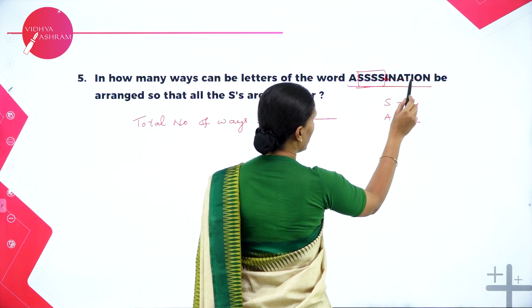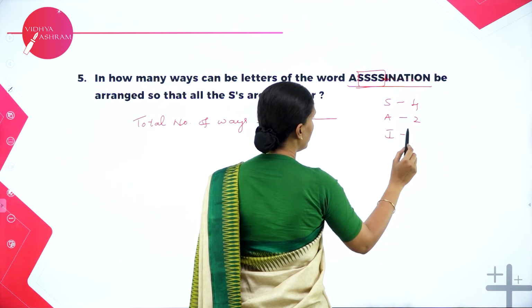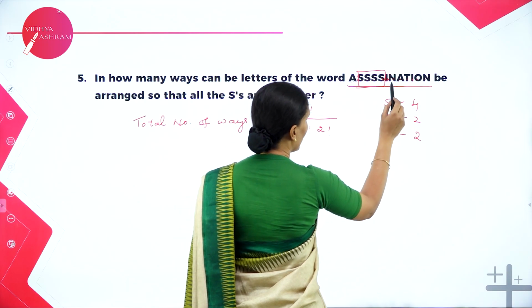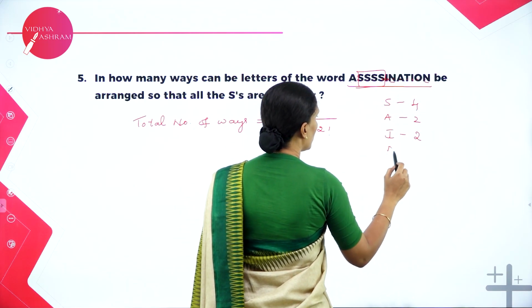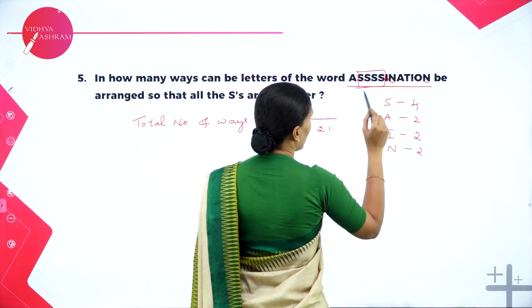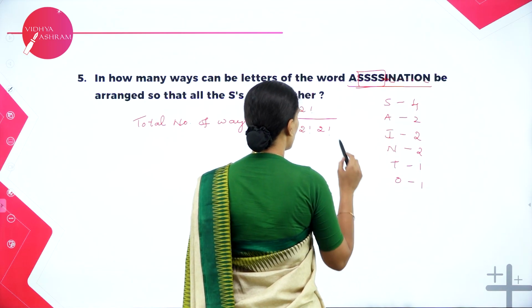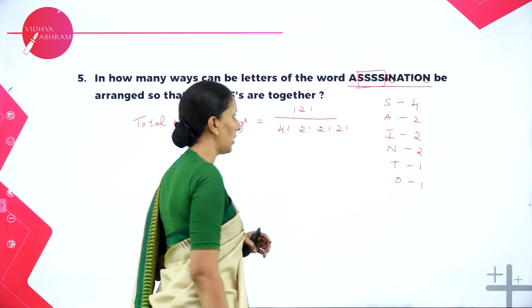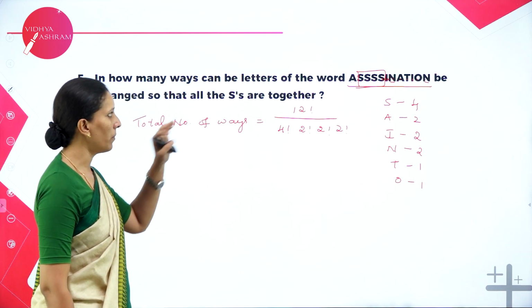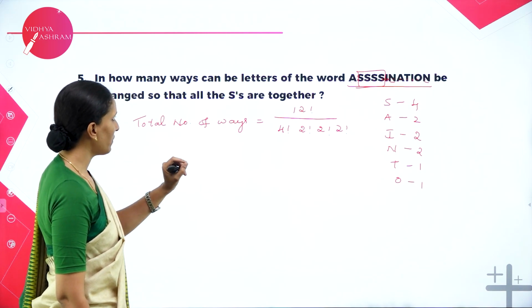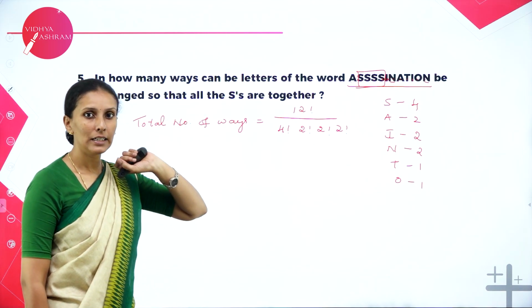Next I is repeated 2 times, so divided by 2 factorial. Next N, 2 times, so again divided by 2 factorial. Then we have T and O which are only present once. So this is the total number of permutations. But my question is I need to arrange the letters in such a way that all S are together.